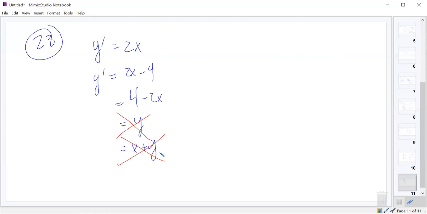When x is 2, the slope should be 0. That wouldn't be the first one, but that would work for the next two. Then you just need to plug in something a little bit more than 2 and see that you need to get a positive slope. If you plug in something a little more than 2, you get a positive slope from this one, but a negative slope from that one. So that one wouldn't make any sense. Does that make sense?